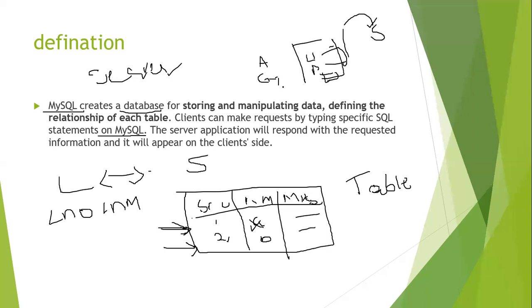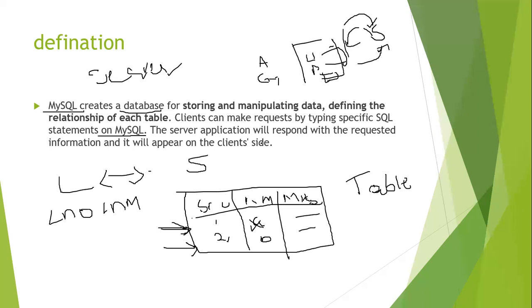Amazon, Google or any other websites take data from the user like first name, last name, password, captcha, some security question. All this data is forwarded to the server. Whenever you go for login, the username and password will be checked in the server. If those two are correct, the server will give you back the result. The server application will respond with the requested information and it will appear on the client side.